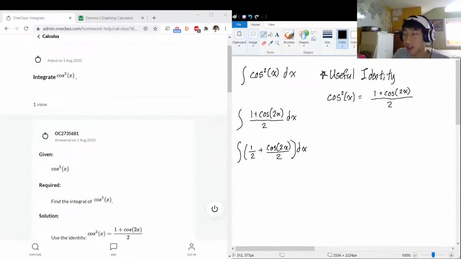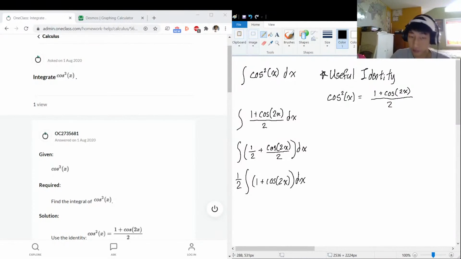And actually, even easier, we can factor out the divide by 2 and pull that outside of the integral. So it'd be 1/2, factoring out the 1/2 outside of the integral, times 1 plus cos of 2 times x.